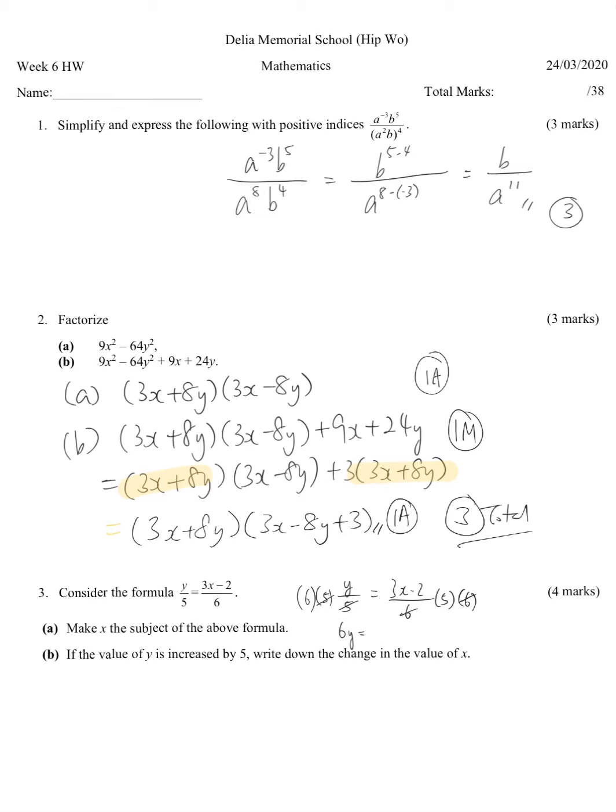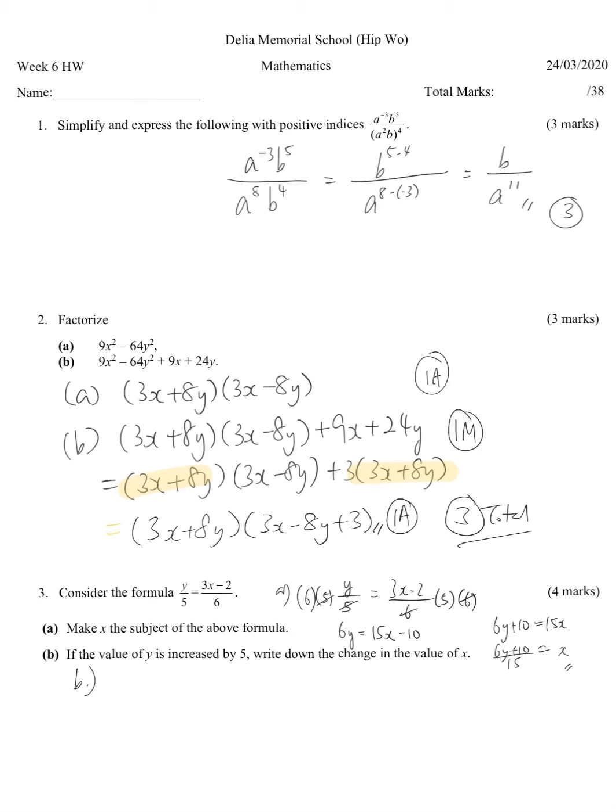So you have that remaining, and then finally you're going to make x the subject. So 6y minus 10 becomes plus 10 is equal to 15x, and then finally 6y plus 10 over 15 is your answer. So that's for part A.